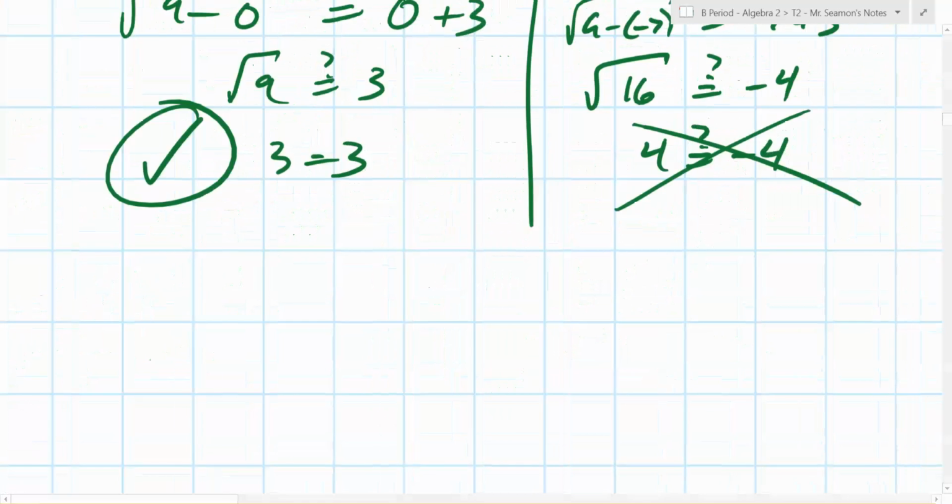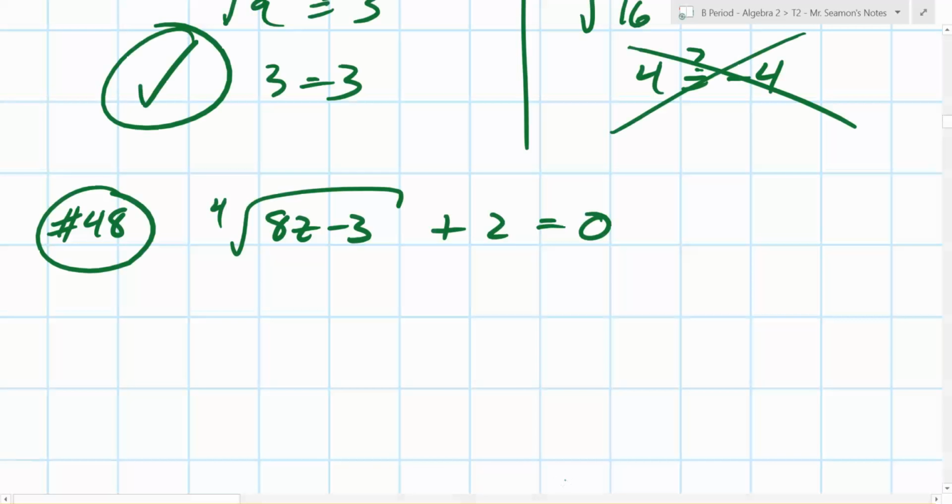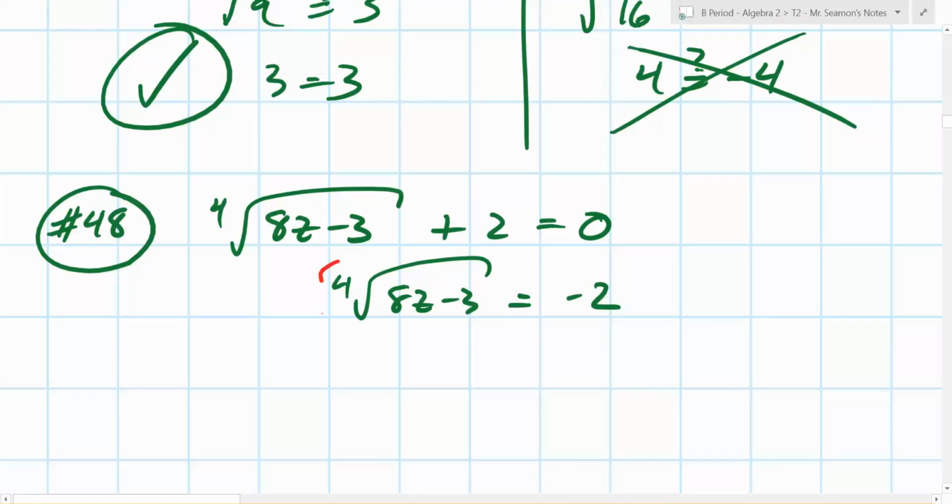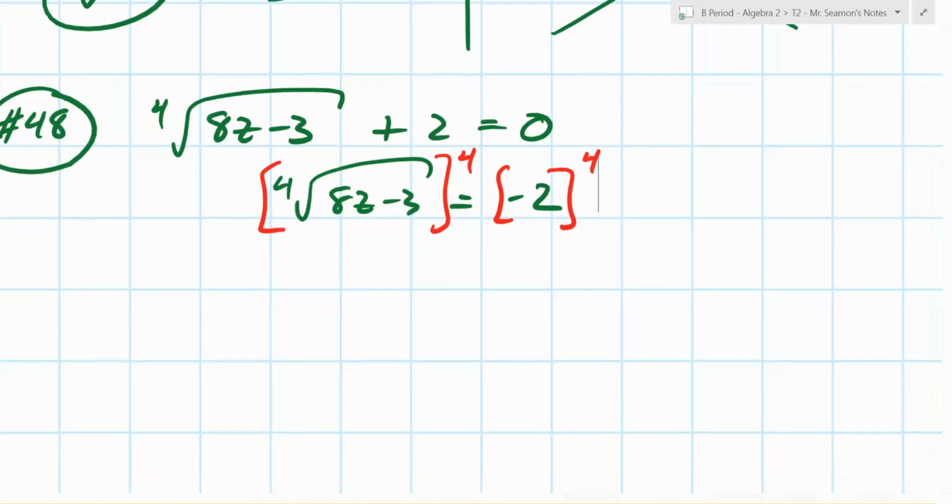Any other questions from the homework? Is that 2 underneath the radical? No. So where should you move it? Other side. So you get the 4th root of 8z minus 3 is equal to negative 2. What do we do to both sides? We raise it to the 4th power. So if we raise it to the 4th power, what happens to the left side?